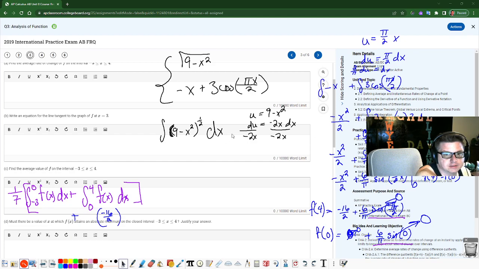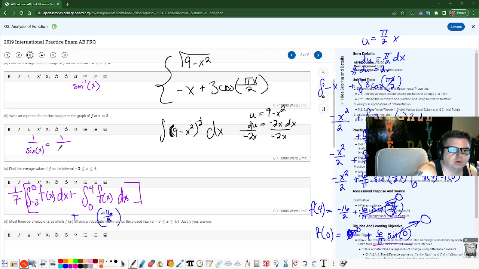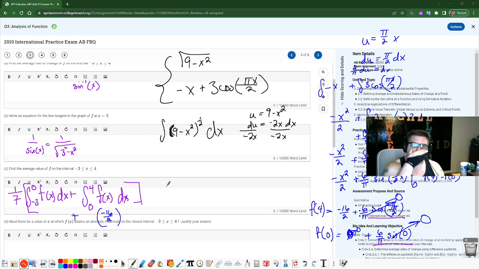So if that's the case, wouldn't it just be sine? Sine inverse of x is 1 over sine of x, and if it's equal to 1 over 3 squared minus x squared. Yeah, I don't know. I'm gonna have to think about that for a second.